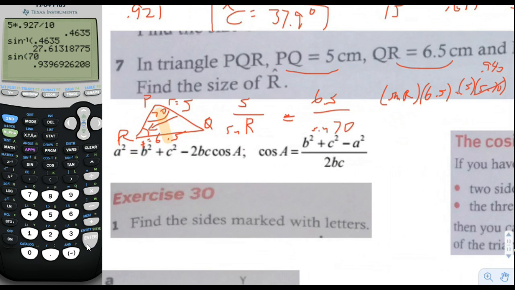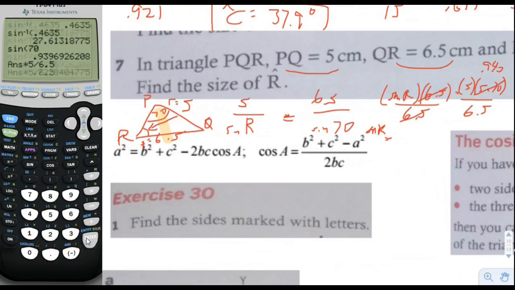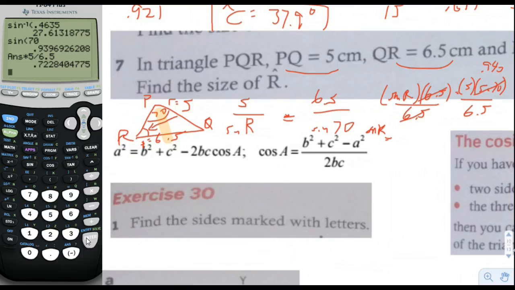And then we'll divide both sides by 6.5. And so we have sine of r is equal to 5 times 0.94 divided by 6.5. And we get 0.723.